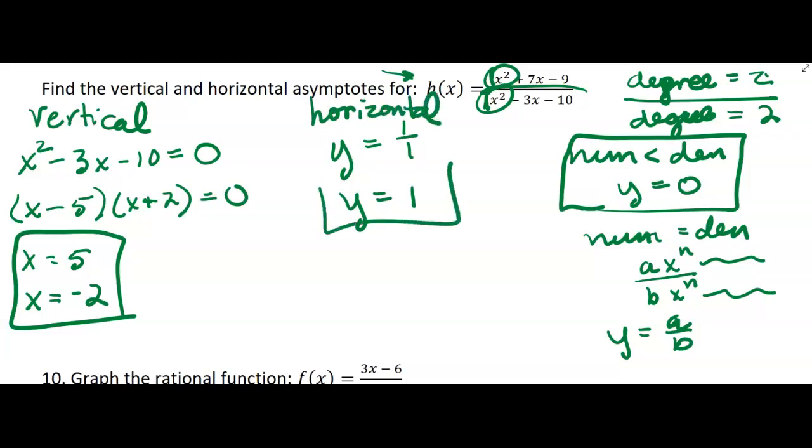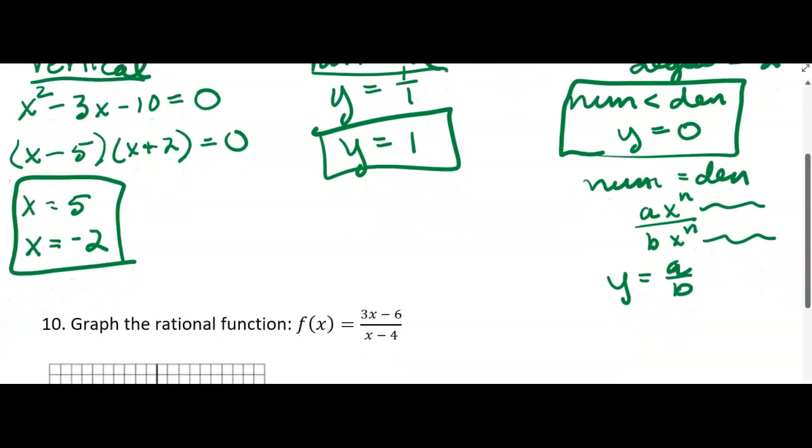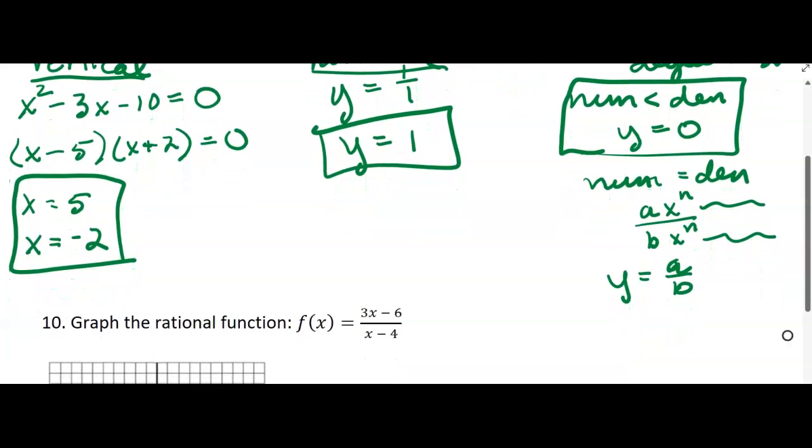asymptote. And the other case, I'm kind of out of room, but the other case was if the numerator degree is greater than the denominator, then there's no horizontal asymptote.